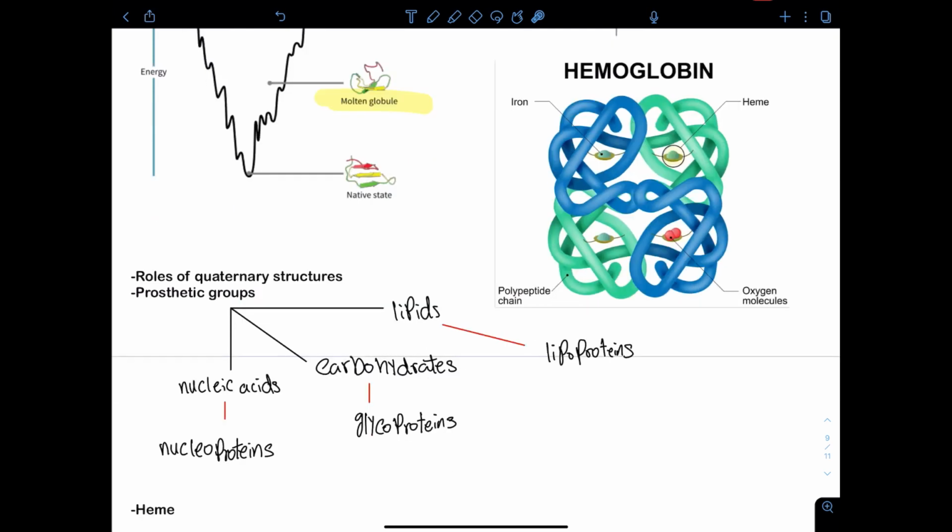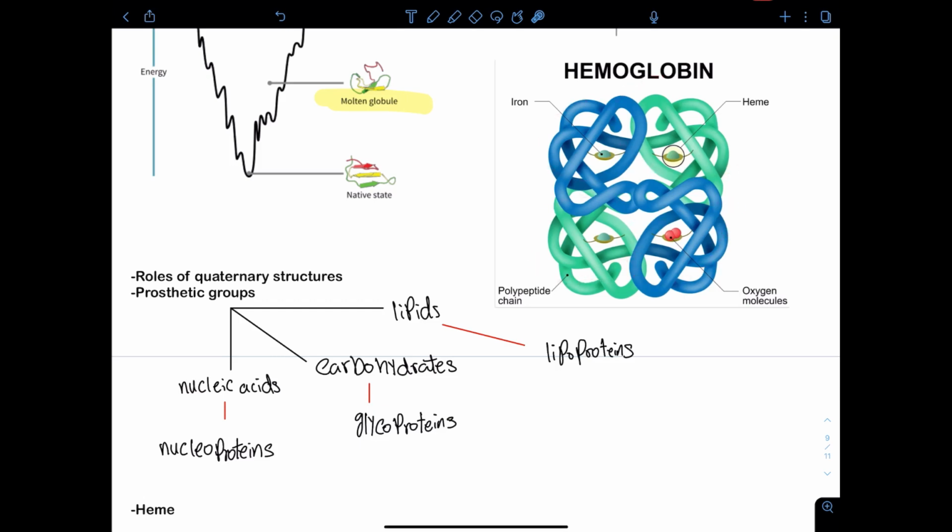Prosthetic groups are non-amino acid components that are covalently attached to the conjugated proteins. And the conjugated proteins get part of their function from the prosthetic groups. For example, I have a hemoglobin molecule right here, which has 4 subunits.